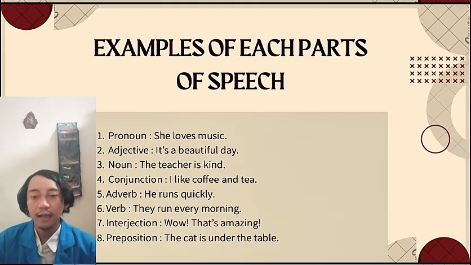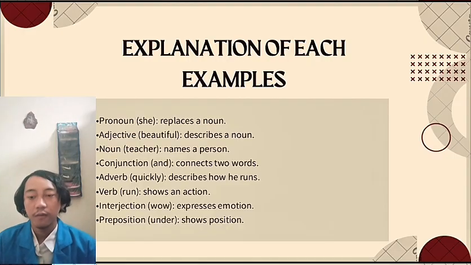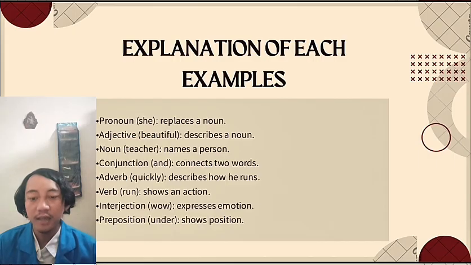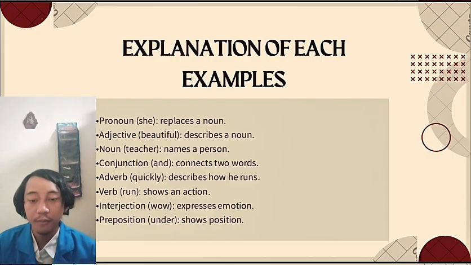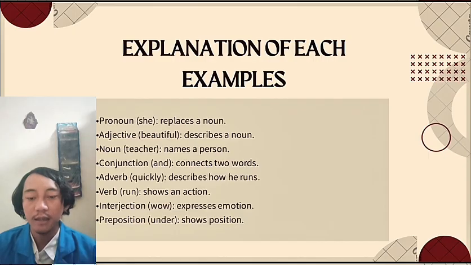On the next slide, explanation of each example. Pronoun: she refers to a person, replacing a noun. Adjective: beautiful describes a noun. Noun: teacher names a person. Conjunction: and connects two words.